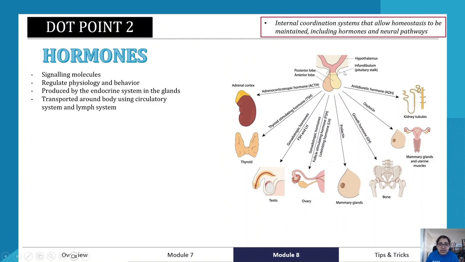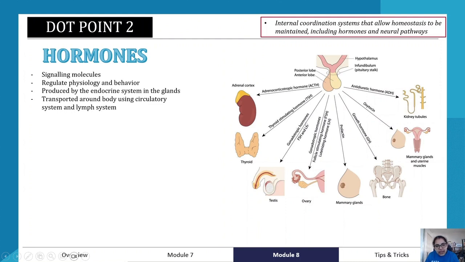I think it's good to have some examples, for example, ADH. Oxytocin is another one, and oxytocin is something you would have looked at in module 5 as well when you were looking at fertilization and mammalian birth, or rather birth in humans. What else?